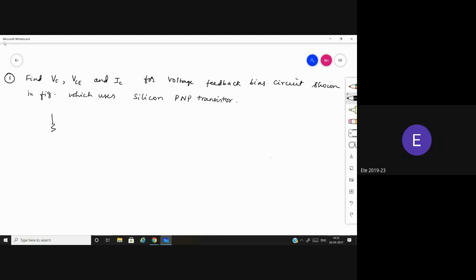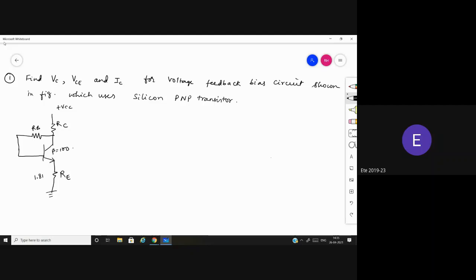So they are given this circuit. RE, RC. See, voltage feedback bias means it is collector to base bias only. This is RB plus VCC, and beta is given as 100.